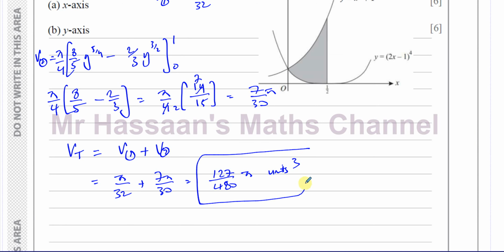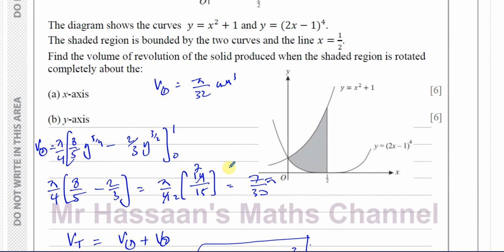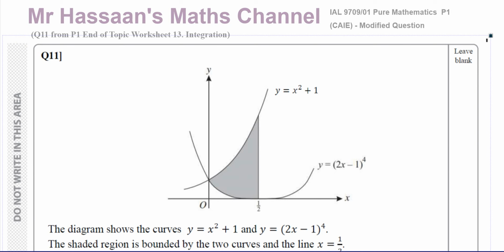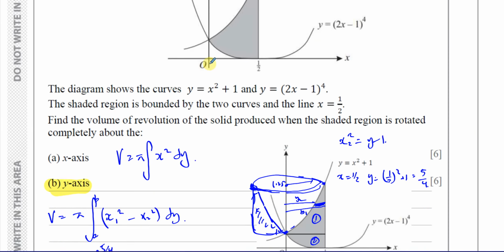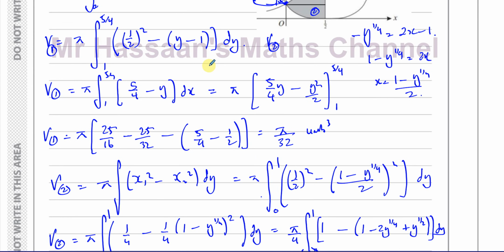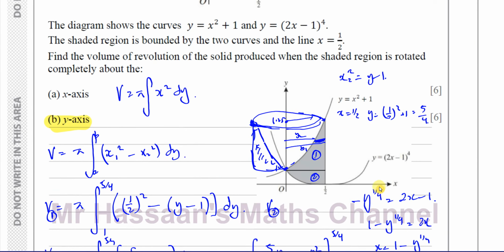And there's the answer. Okay, so that's quite long-winded, but as I said, I invented this question, so it most probably won't be so complicated, but it's well within our syllabus.